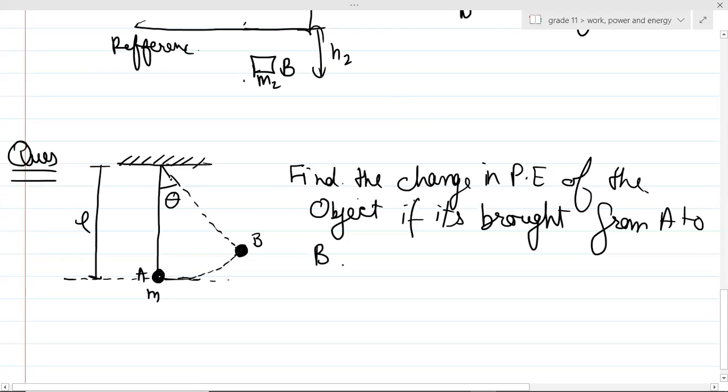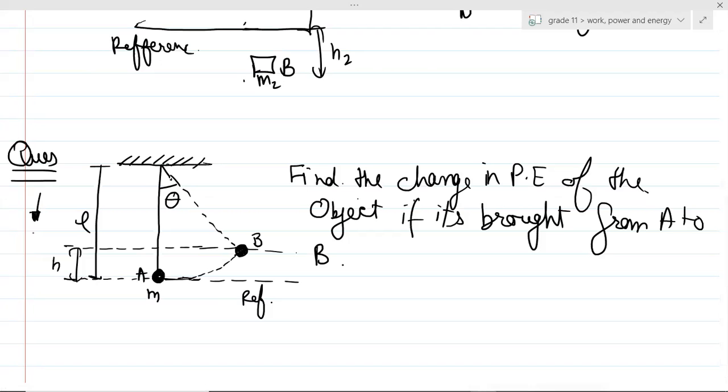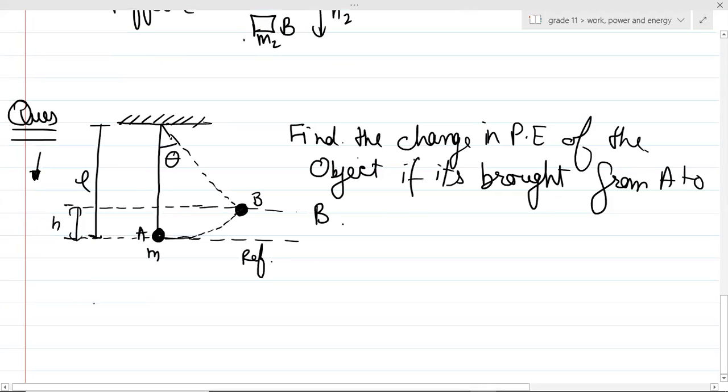So basically, what will you do? You choose this as the reference point. And if I can just find out what this height is, then I can automatically get my potential energy, right? So I'll just find out this h, and for this I just have to draw a triangle.